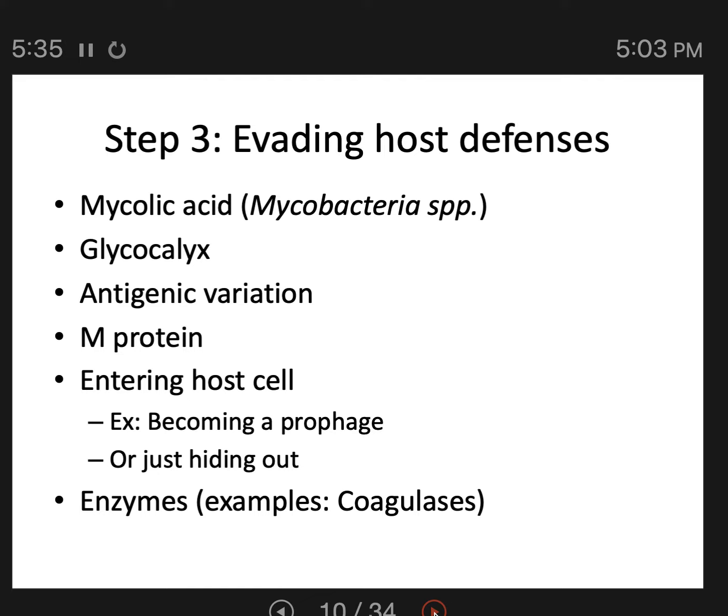Entering the host cell. So your immune system functions mainly in your bloodstream and in your lymph, so in your body fluids. If a pathogen goes into one of your cells, it can evade a lot of the elements of your immune system that's floating around in your blood.